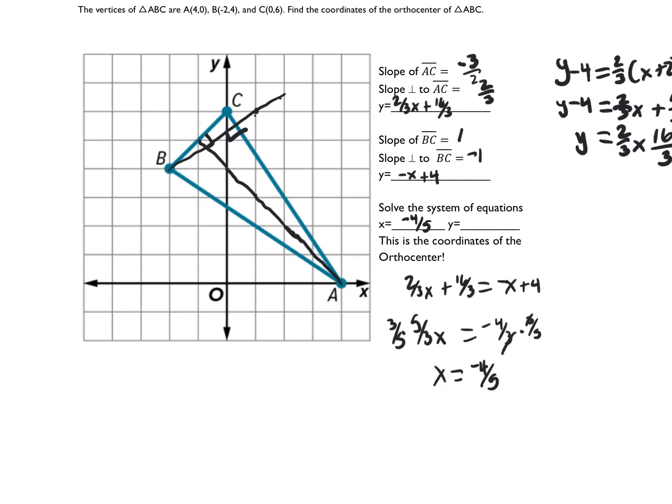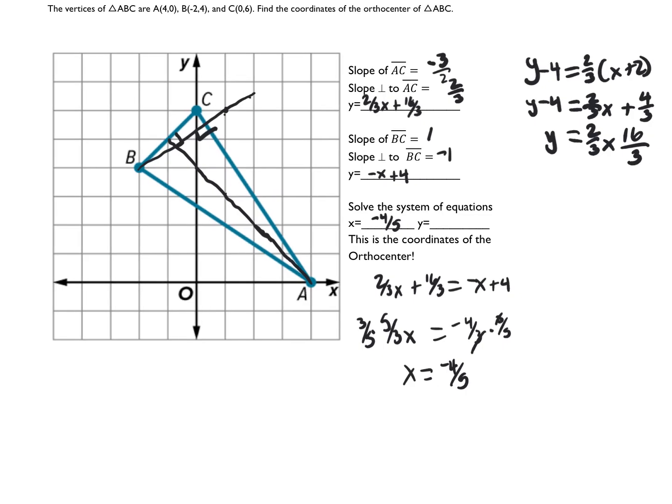Now I can find my y by just plugging that negative 4/5 into either one of my original equations. So y equals the negative of negative 4/5 plus 4. Well, the negative of negative 4/5 is positive 4/5.